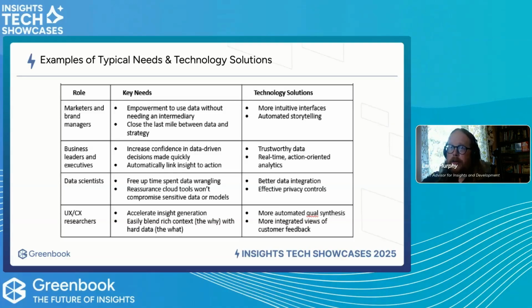We already were on that trajectory from text analytics, social media analytics, all those things were pushing us in that direction. AI took that and made it even more easy to use.